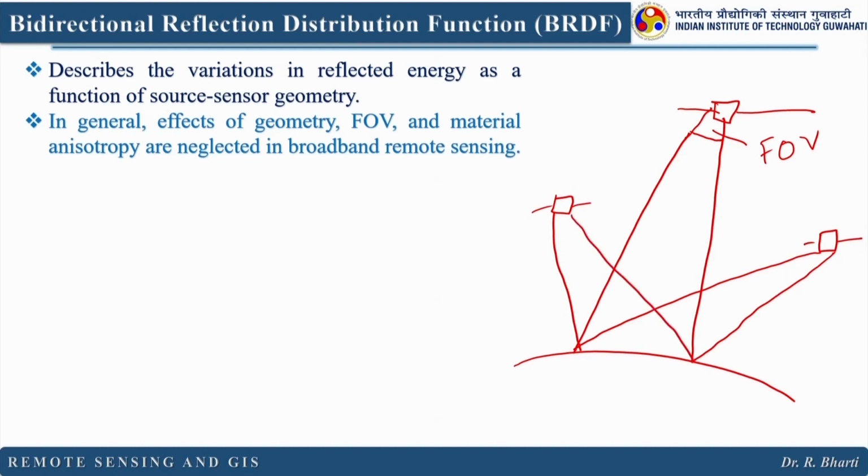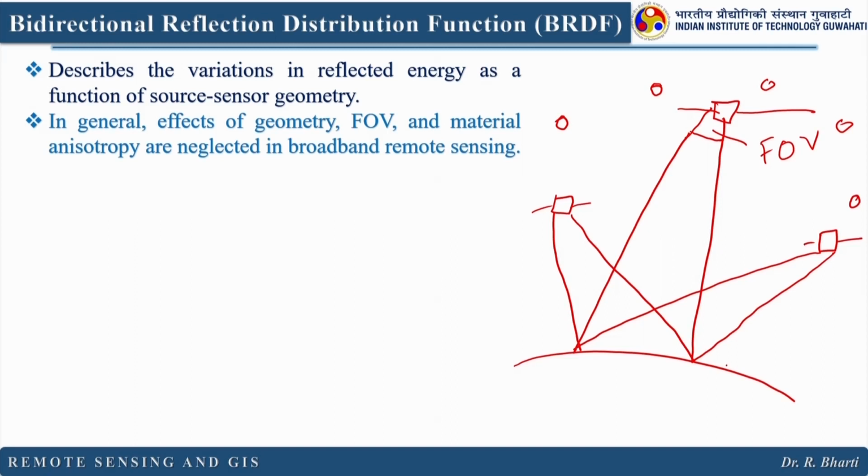That is one component. The second component is whether your sun is here, here, here or here. Depending upon that, the energy received and reflected will be different. Here we are talking about the DN number, and DN numbers are basically the scaled radiance coming from the surface.